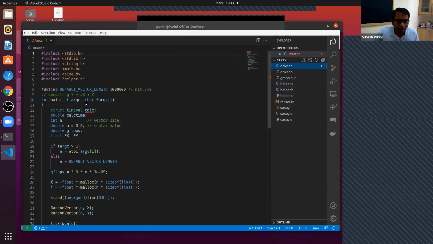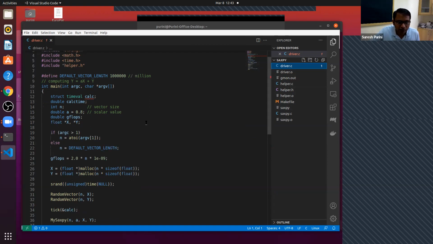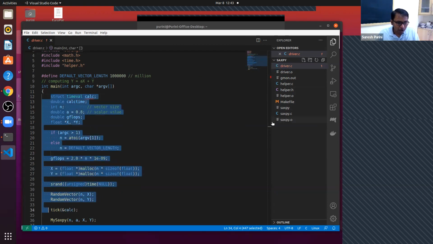The first C file is the driver file, and here we are setting up the system. We are generating, on line numbers 31 and 32, two random vectors of size n.